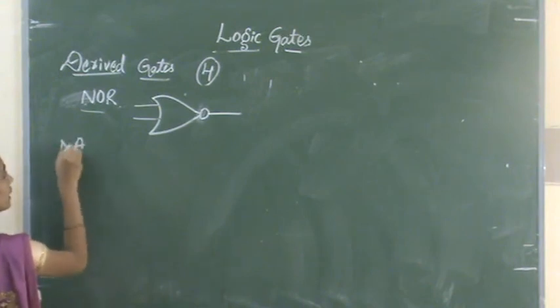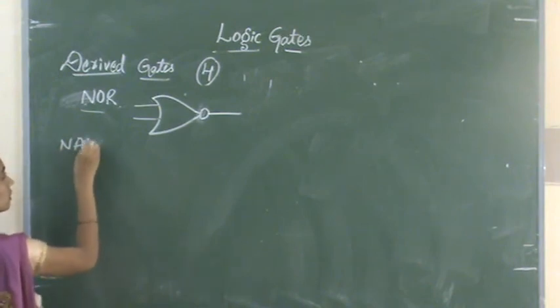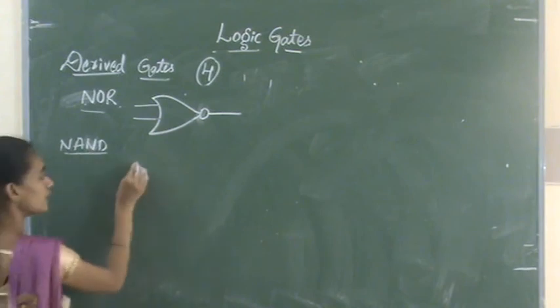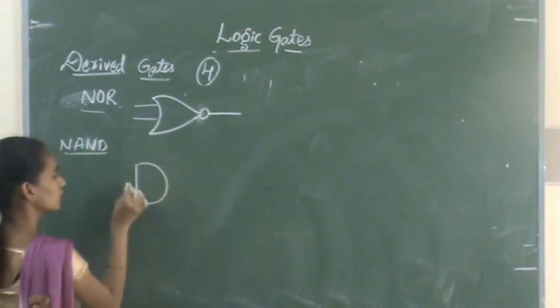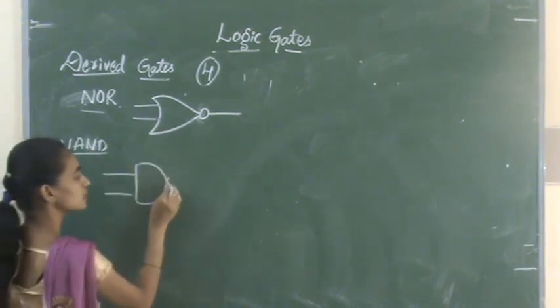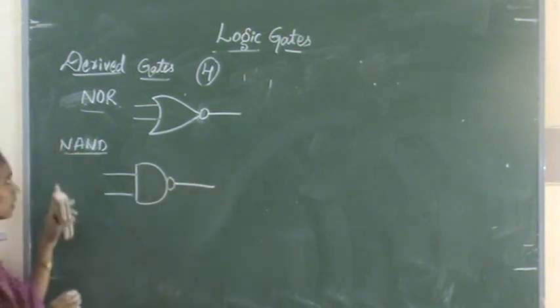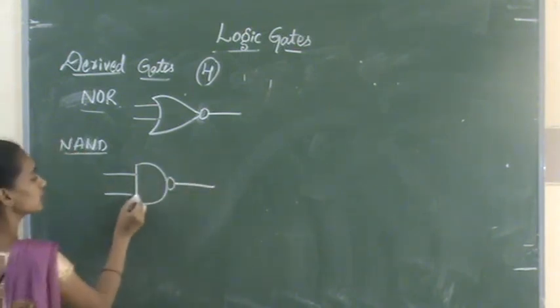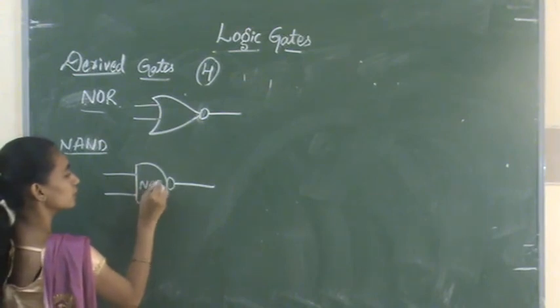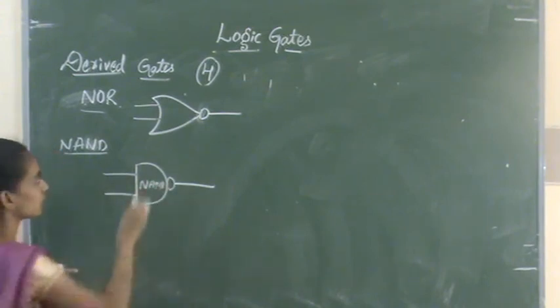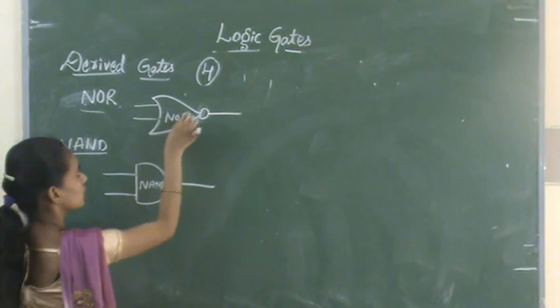And then we studied NAND, right? For the NAND gate, just write a bubble. This is an AND gate and then we convert it to a NAND gate. So this is the NOR gate.